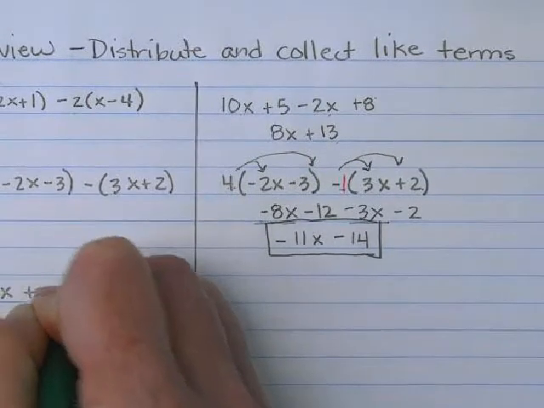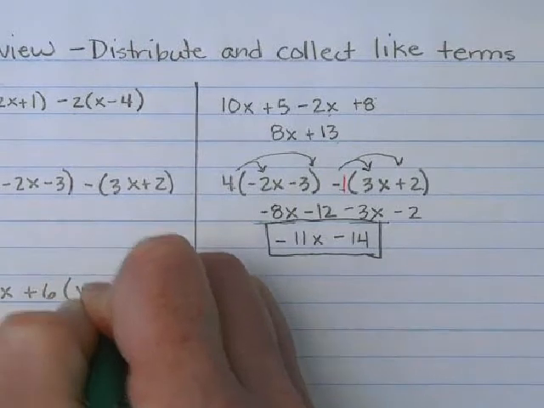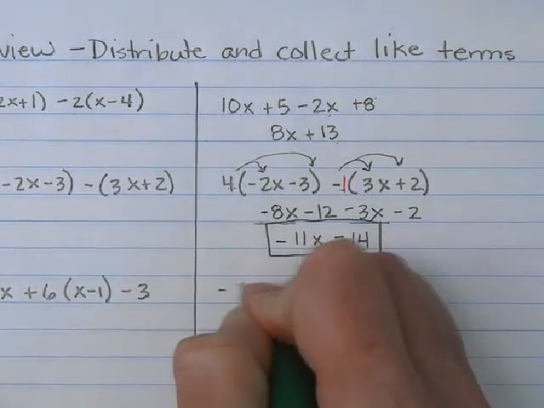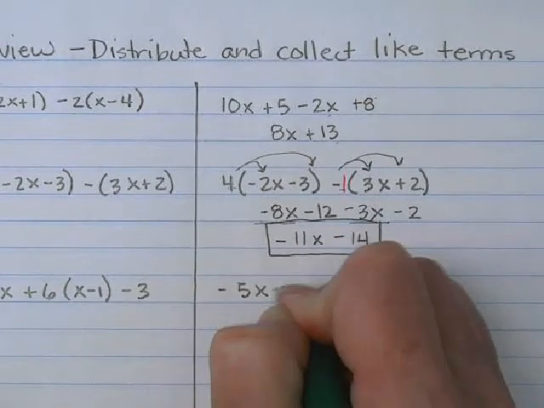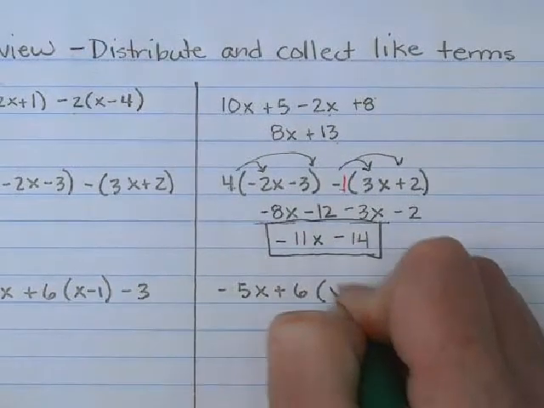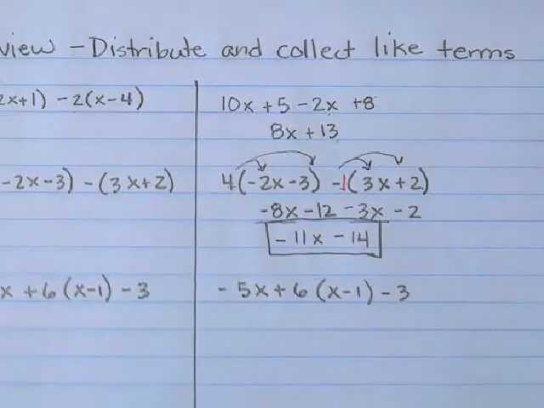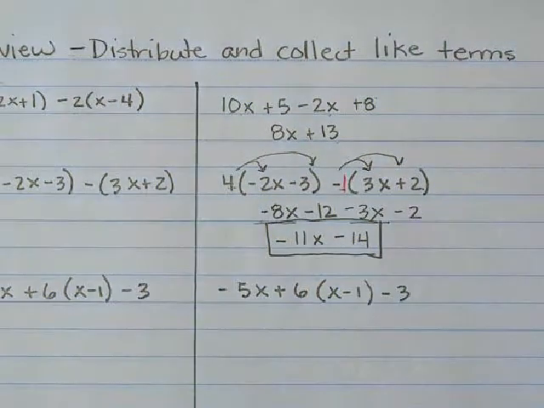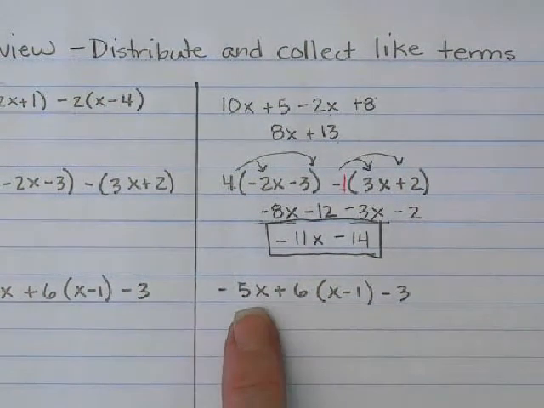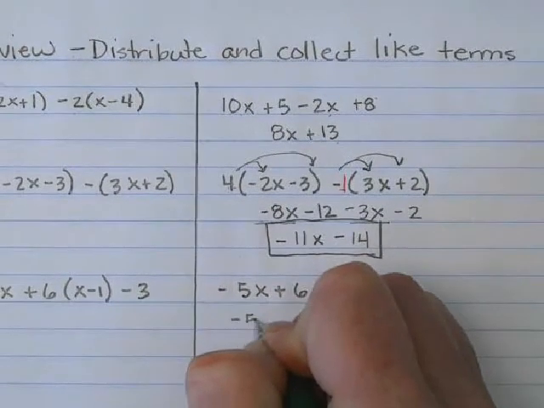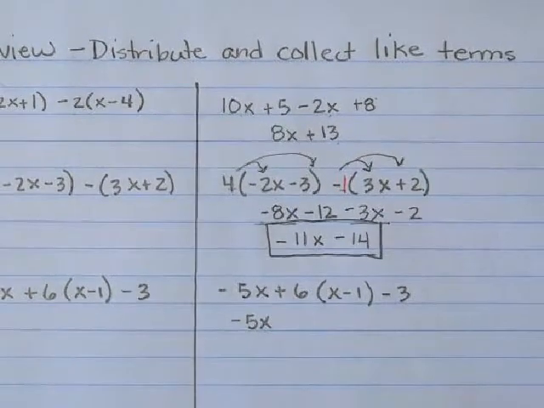Okay, so 5x plus 6. Okay, so remember, we're not solving, we're just distributing and combining like terms. Okay, this 5x is not next to these parentheses, so I'm just bringing it straight down.